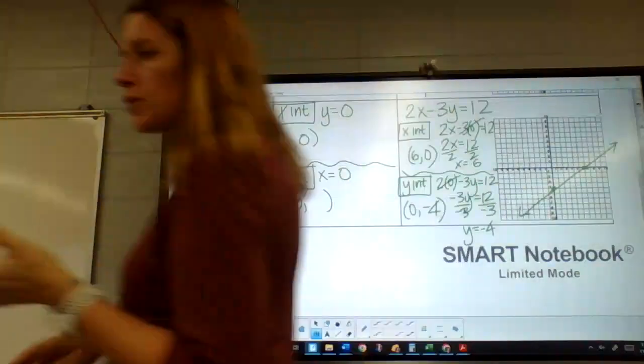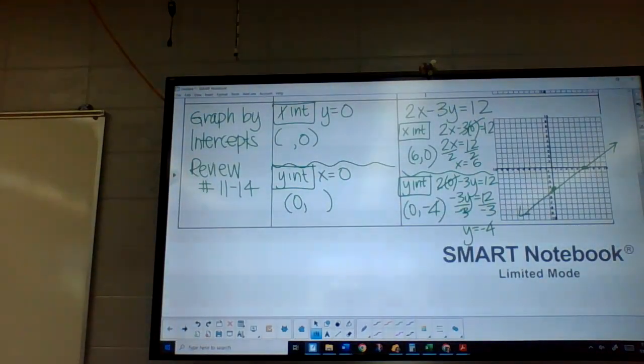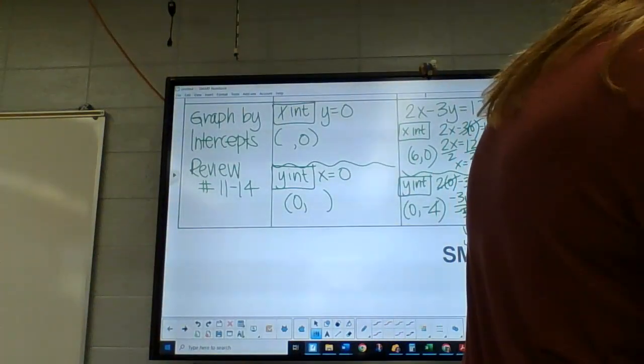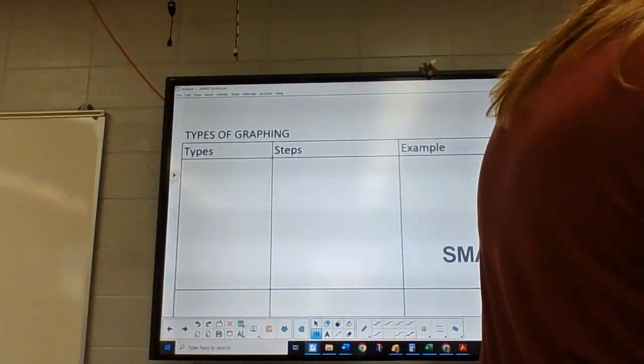All right, so when we're ready, we're going to flip to the other side. So our next type of graphing is graphing using slope-intercept form.